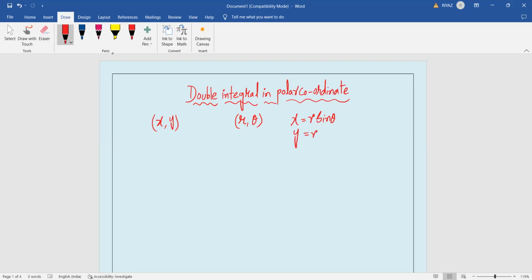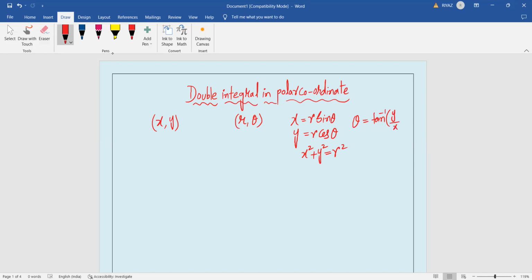And one more relation, if I add these two values after squaring, x square plus y square is equal to r square, and theta is equal to tan inverse of y by x. This is called polar coordinates.